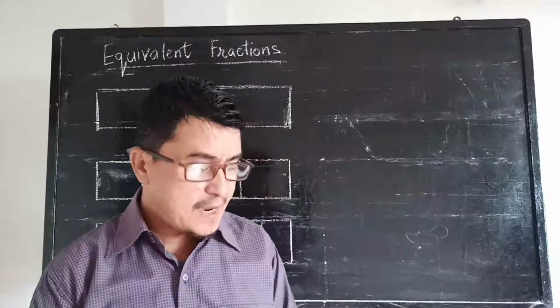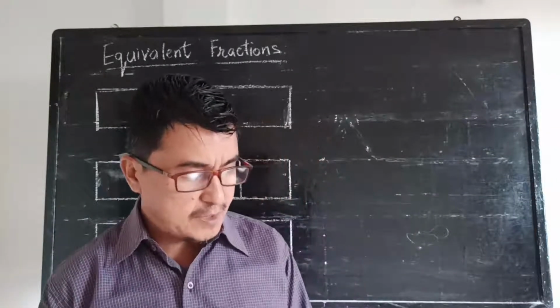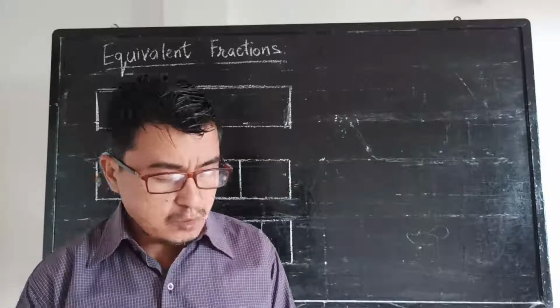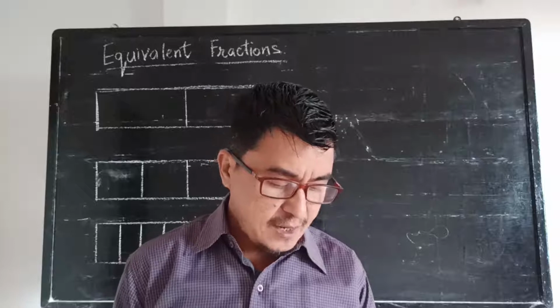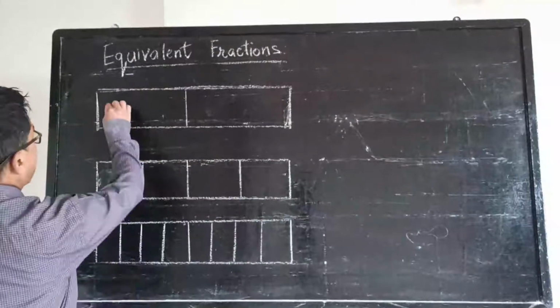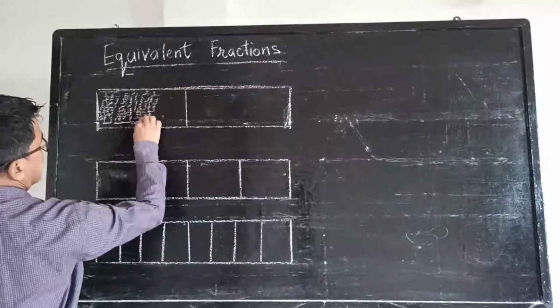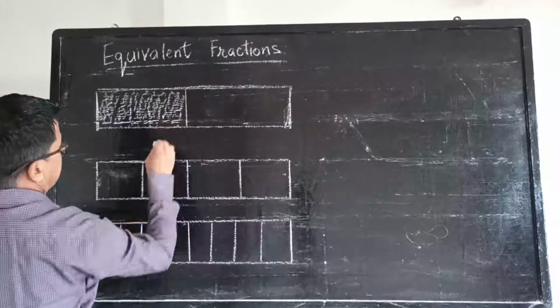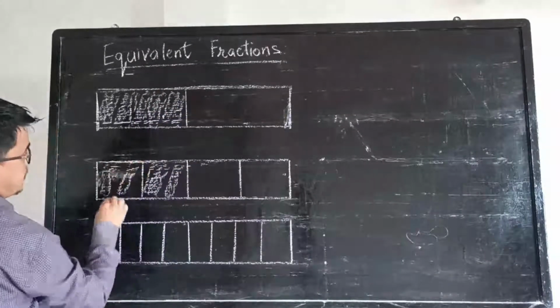Remember, the size of the shaded portion in all the rectangles remains the same, although the fraction representing the shaded portion can be written in more than one way. Now I will shade this portion, this portion again, this portion again.